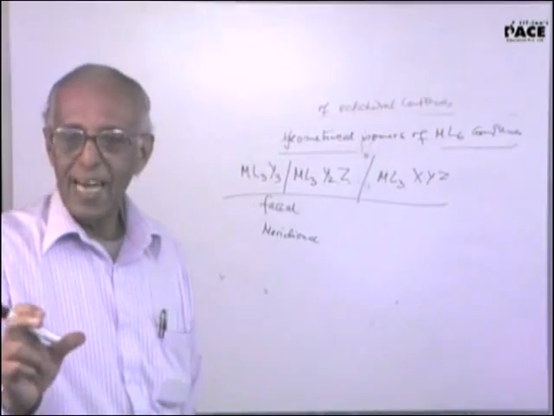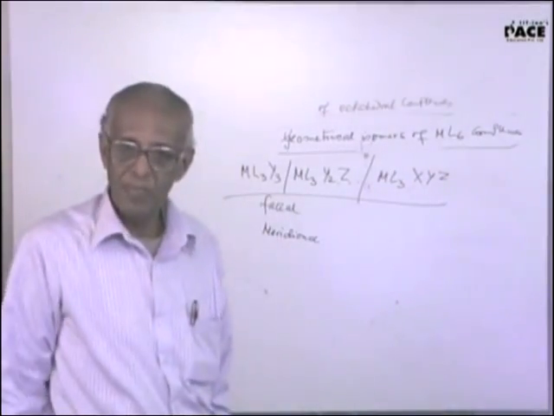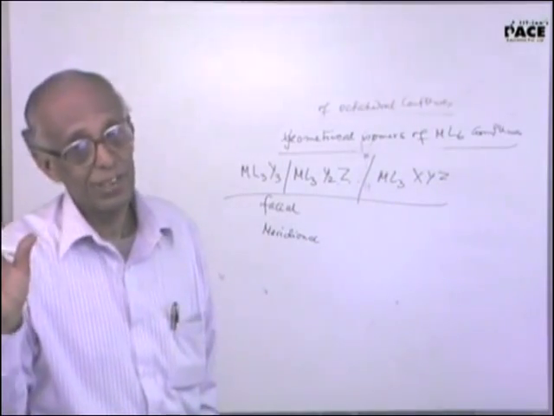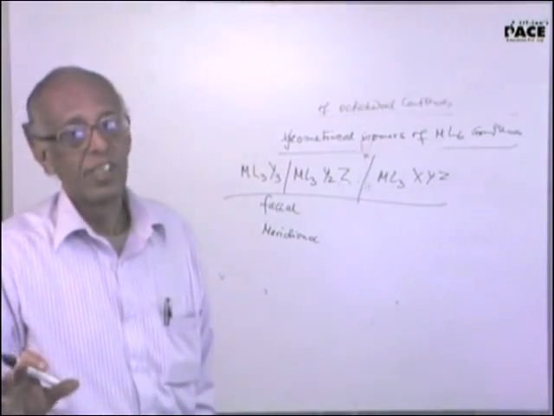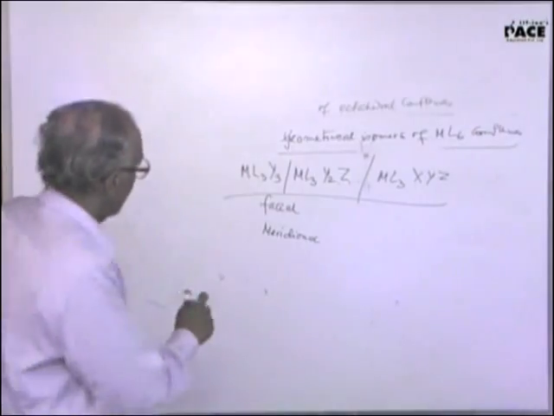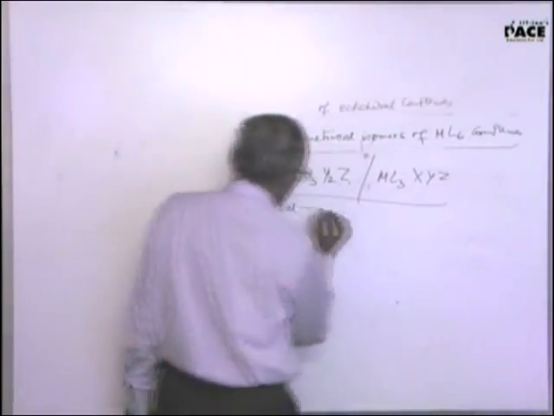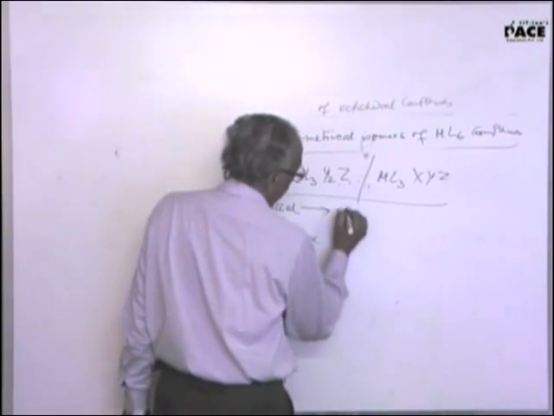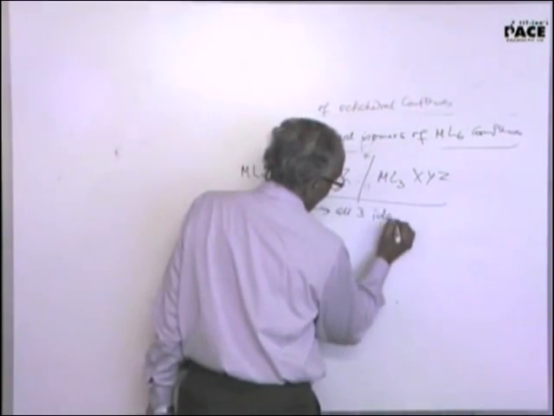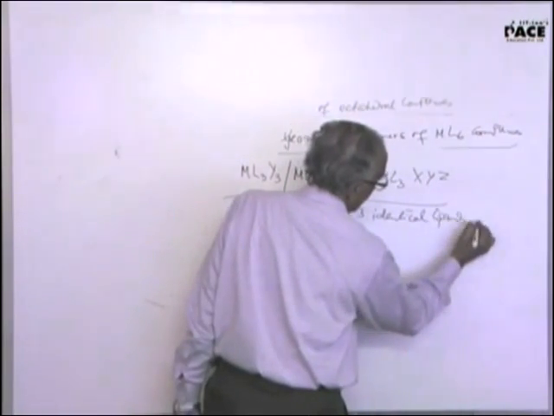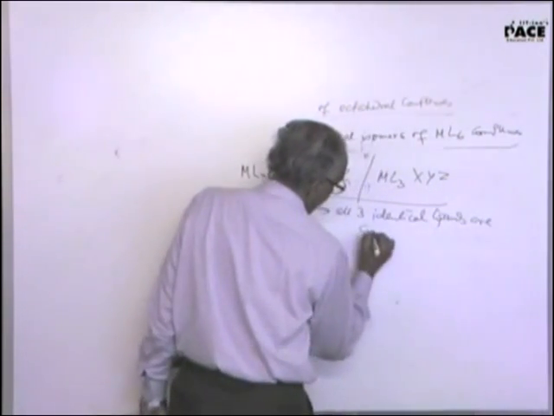When one of the ligands is 3 in number, whether the other is 3 or not, all will be facial and meridional. Facial means all 3 identical ligands are cis to each other.